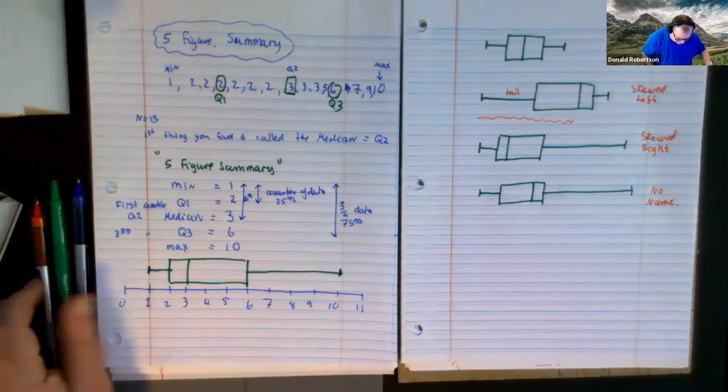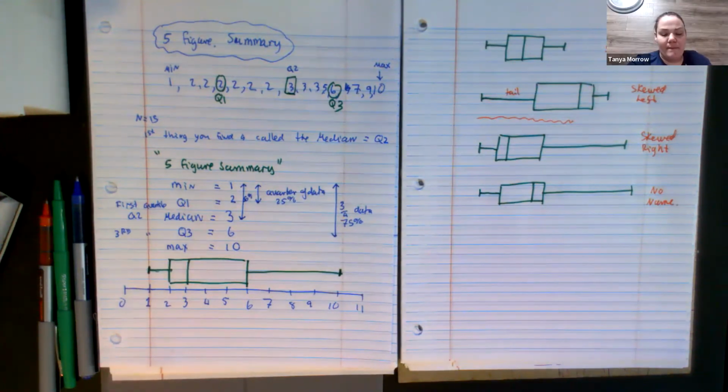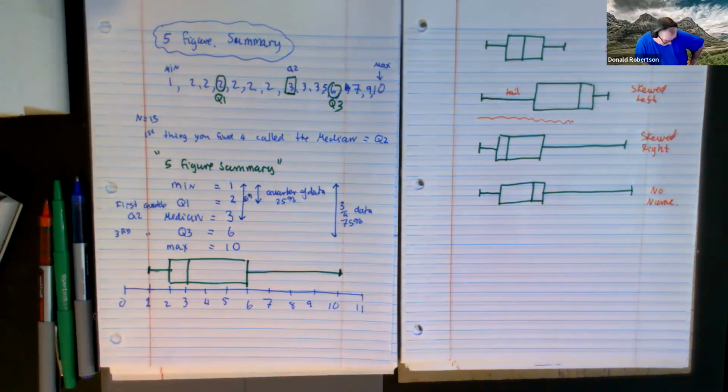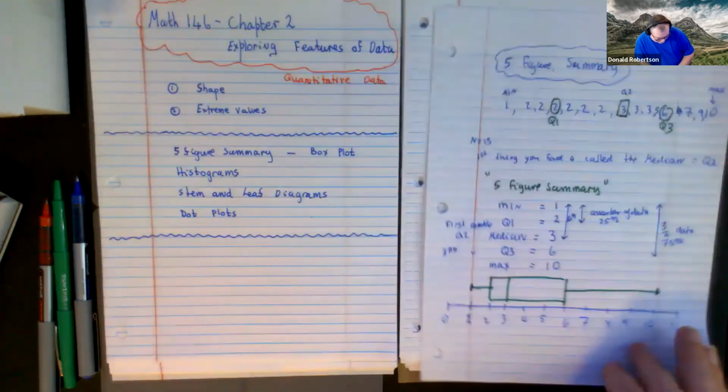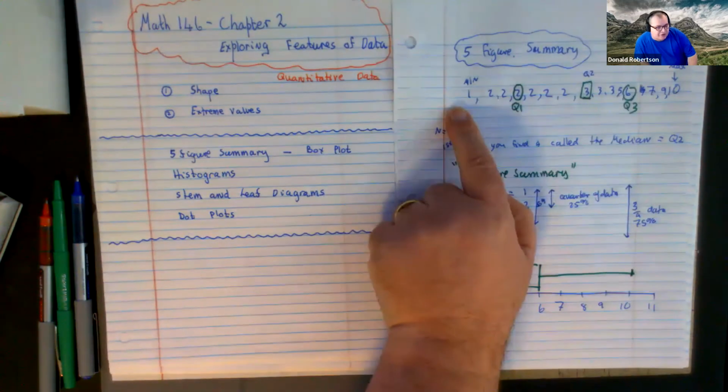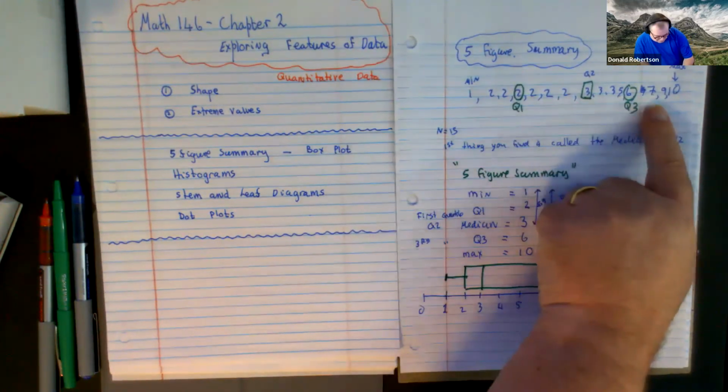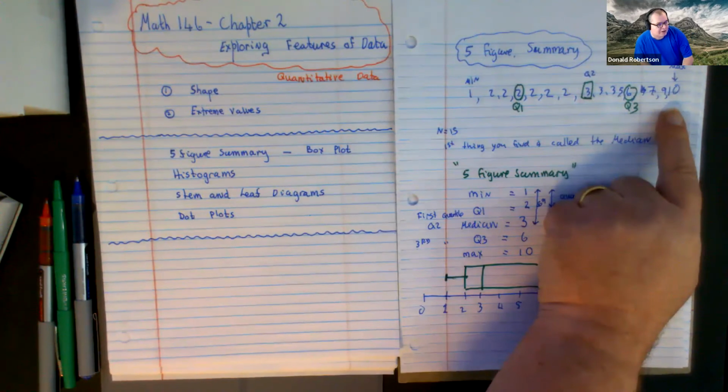Are we comfortable with 5-figure summaries now? And how, once you've drawn the picture at least, you can now tell me what kind of shape it's got, and that's about it. If you were talking about outliers, wouldn't you probably have to go and look at the original data? Like your great-grandfather, was it 17 or 18?